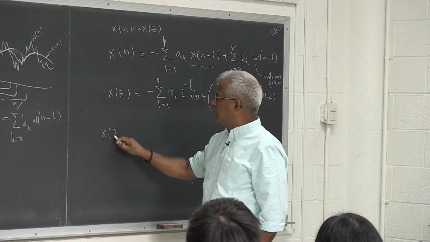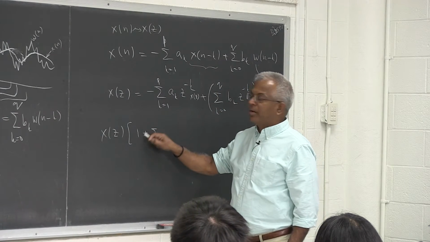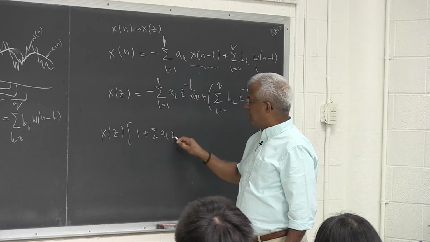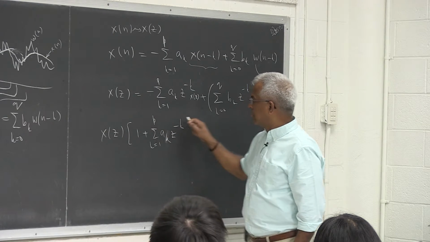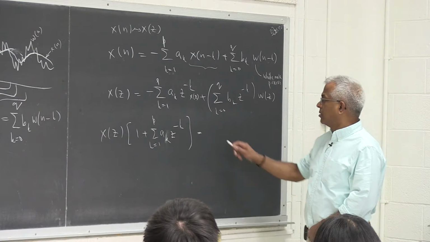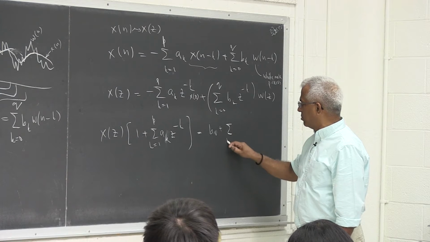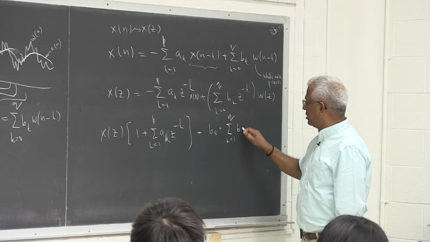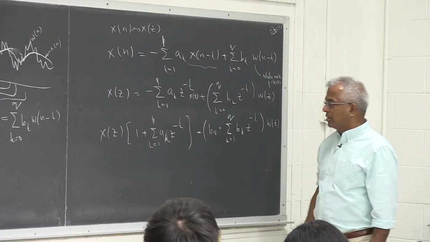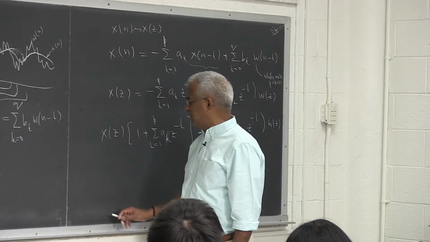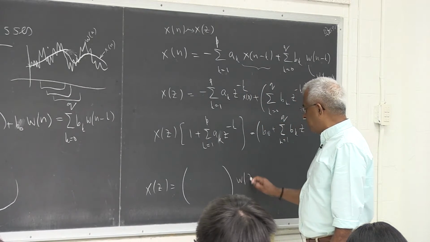So if I bring it to one side, this reads now, otherwise this would be a minus, because I had minus here. This would be sigma ak z to the power minus k x of z equal to b naught plus sigma bk z to the power minus k, k equal to 1 through q, multiplied by w of z. So you see, I can write this as x of z equal to something multiplied by w of z.